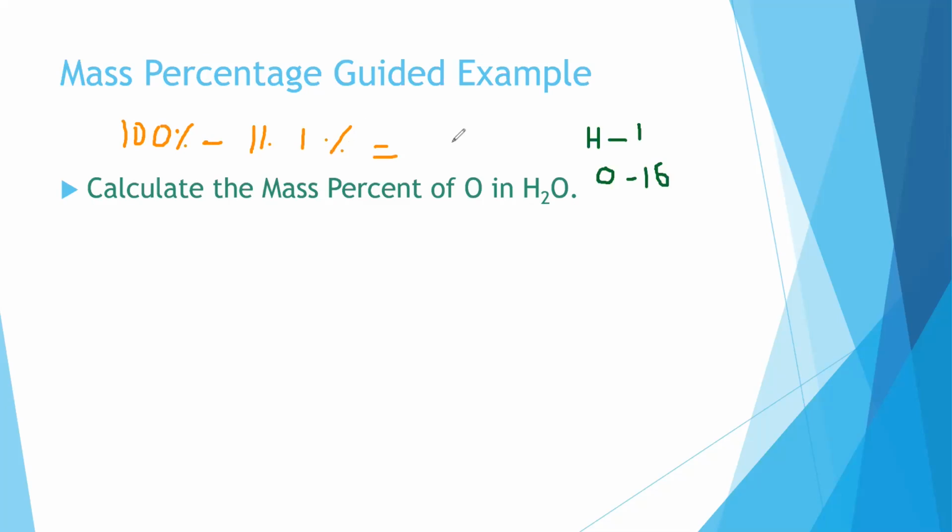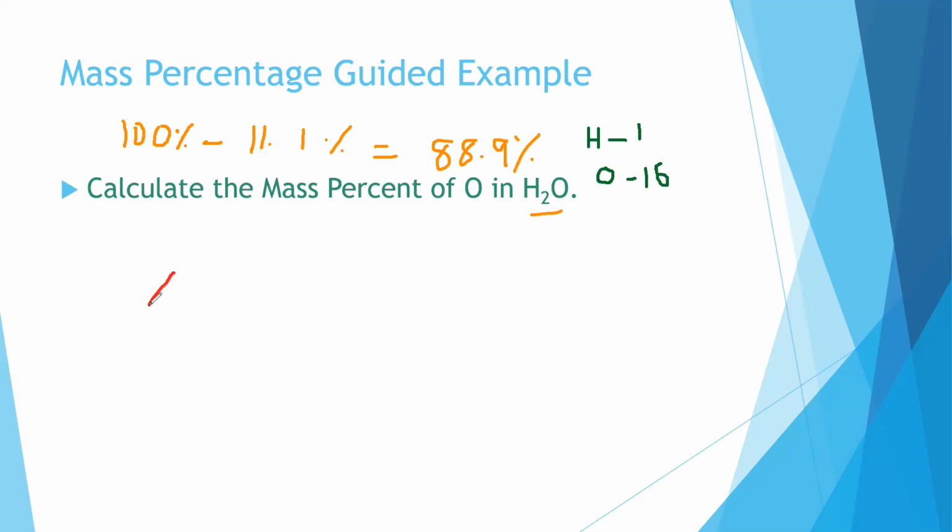So we get like 88.9%. We were able to do this just because there's only 2 elements in this compound. So we could do that subtraction because the mass percentage of hydrogen plus the mass percentage of oxygen should give you 100. So that's one possible approach that you could have done.